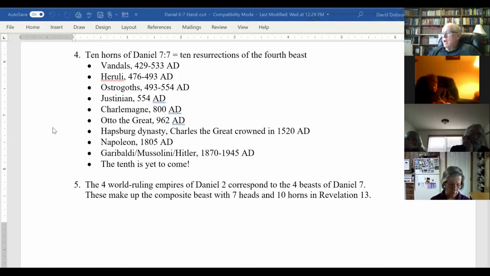Verse 6, after this I looked, and there was another like a leopard, which had on its back 4 wings of a bird. So it's like a leopard. So we've got to think of the characteristics of a leopard, but also it had 4 wings. And I think that's going to play in.